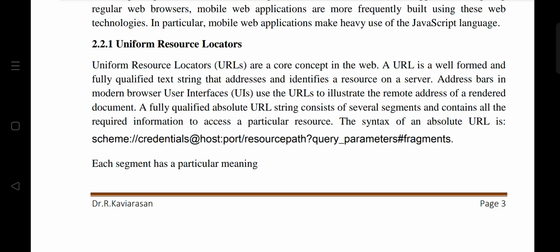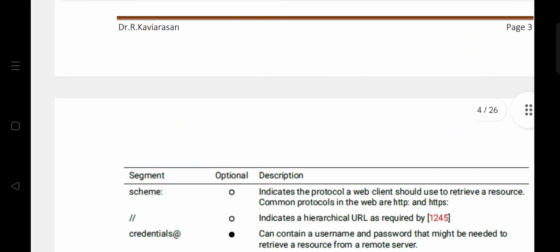A fully qualified absolute URL string consists of several segments and contains all the required information to access a particular resource. The syntax of an absolute URL is scheme://credentials@host:port/resource path?query parameters#fragment.